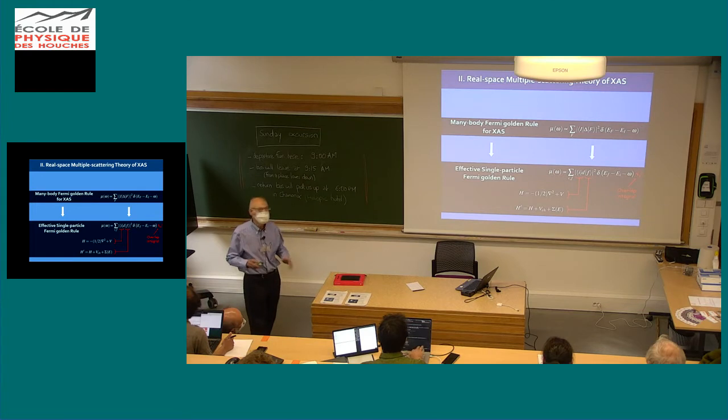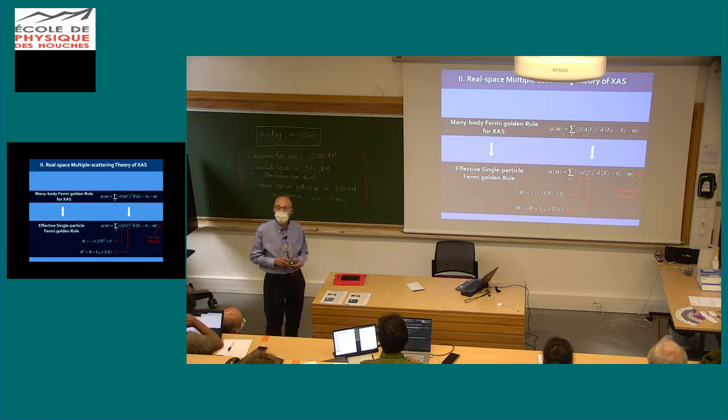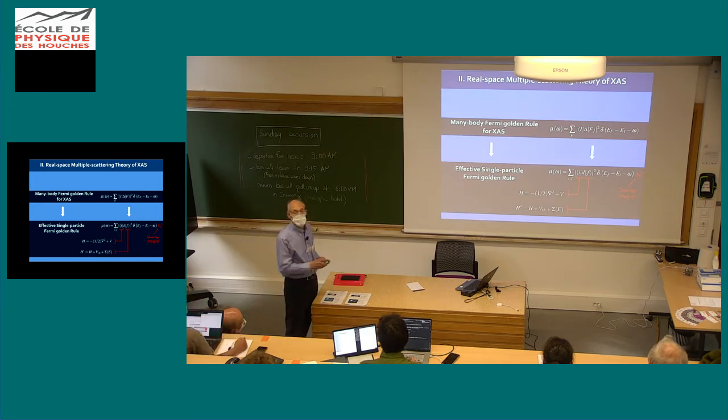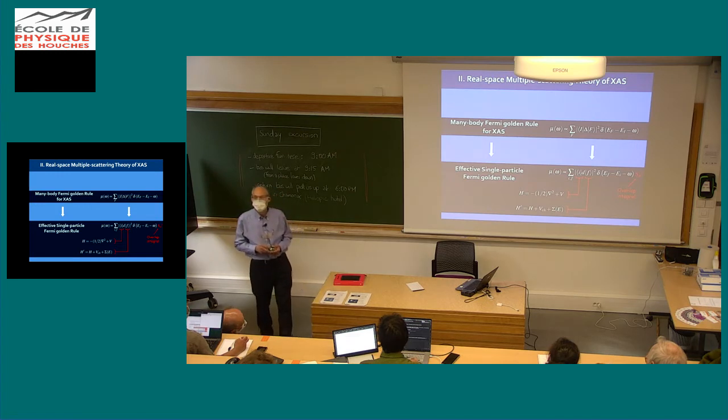Okay, so we don't want to do this. So we represent these in Slater determinants, and this immediately goes to a one-particle Fermi golden rule and an overlap integral, which sweeps all the other states under the rug into a constant factor, which people have called S0 squared.